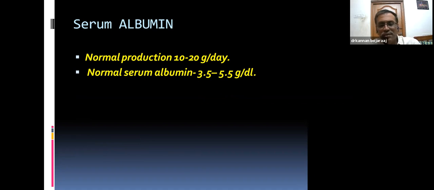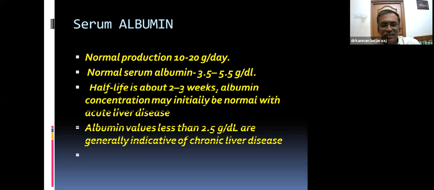This is the most important parameter to assess risk stratification in liver patients coming for surgery, and the half-life is 2 to 3 weeks. So in acute liver diseases, such as acute fulminant hepatic failure, the albumin levels are normal.